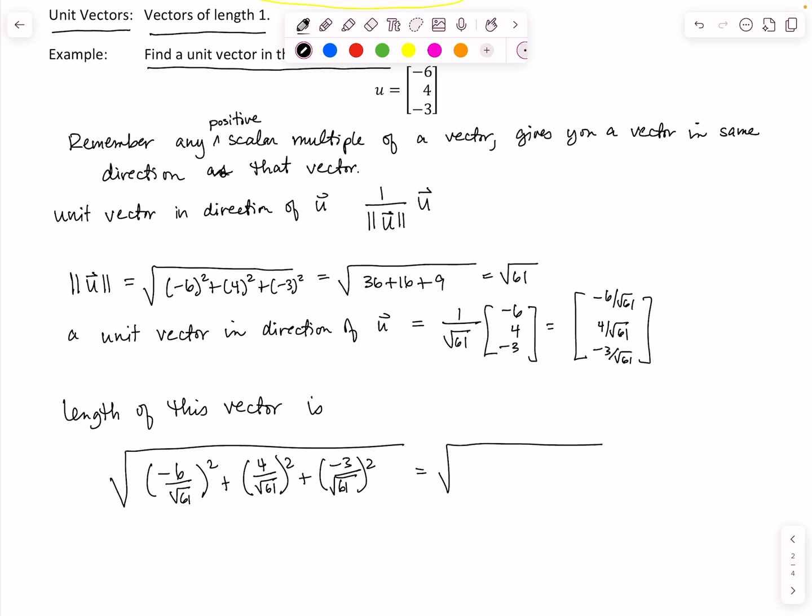When I square them, the top gives me 36, and the square cancels the square root, then 16 over 61, 9 over 61, which is the square root of 61 over 61, which is 1. So I hope you see why this works. This is how you find a unit vector in the direction of u: you multiply by the reciprocal of its length. Here was the vector I got. All right, so that's the next thing.